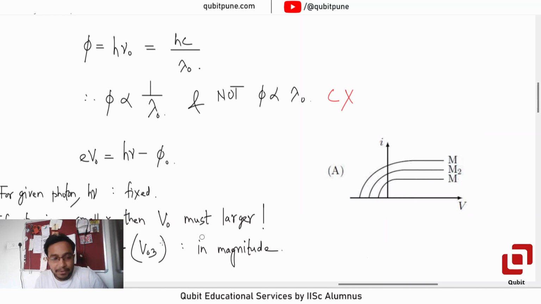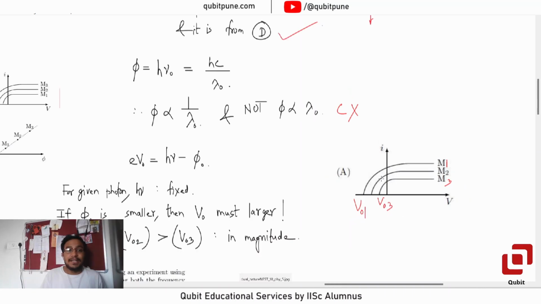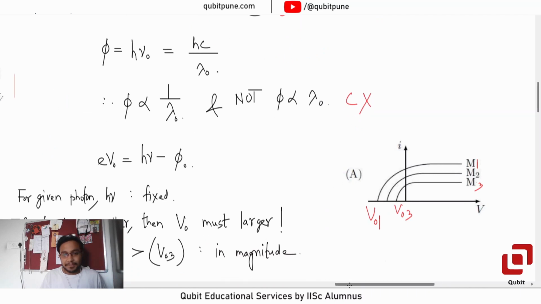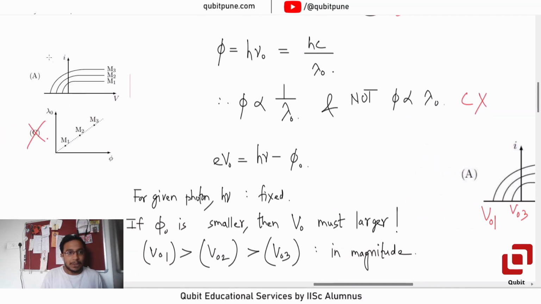This should be minus V1, because that stopping potential V1 or V naught 1 is greater in magnitude but negative in sign, and this should be V naught 3. Hope you understood that, and therefore A is not right. Raise your hands if you understood that. Therefore, A is not right.